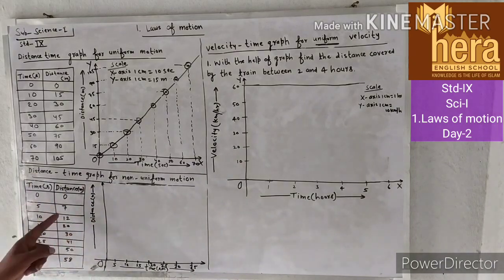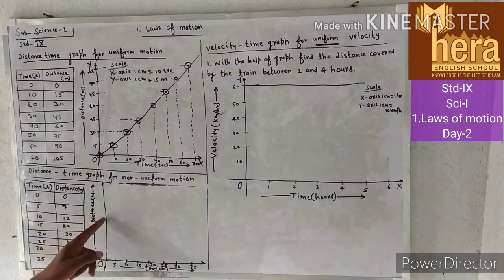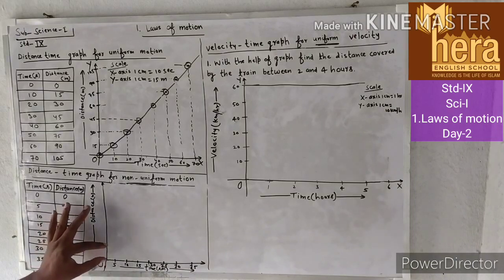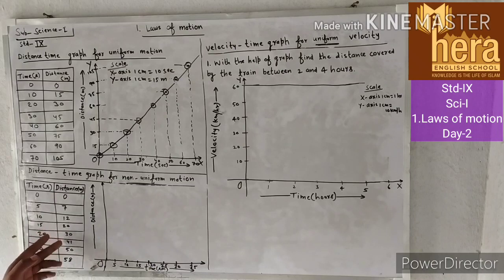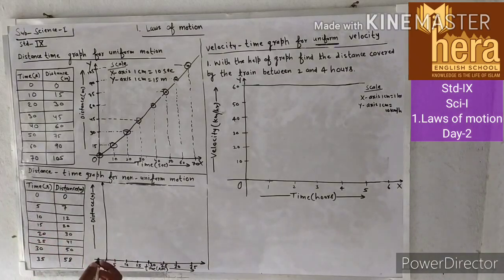Don't take the interval of 7, 12, 20, 30, 41, 50, 58. You have to always remember the interval should be equal. So here we will take an interval of 10 so that all the data will fit.